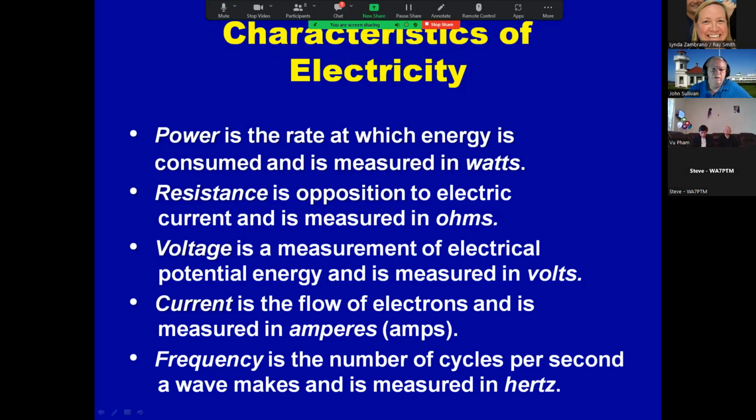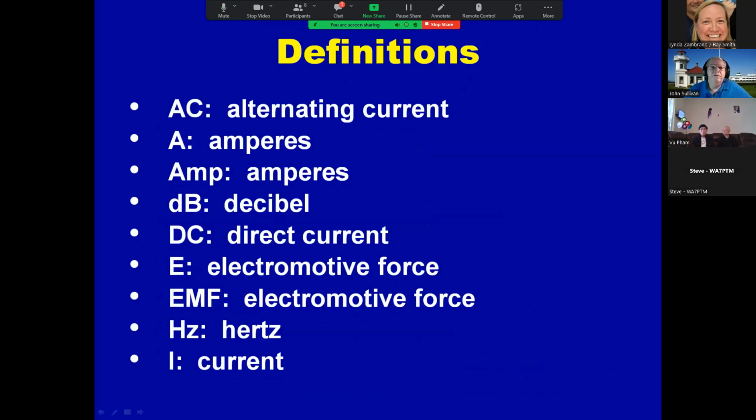Now, some of these terms you've already seen, but here are some further acronyms and definitions: AC alternating current, A is the abbreviation for amperes, also amp for amperes, either one. Little d, capital B for decibel. DC direct current, E for electromotive force. Also EMF is also electromotive force.